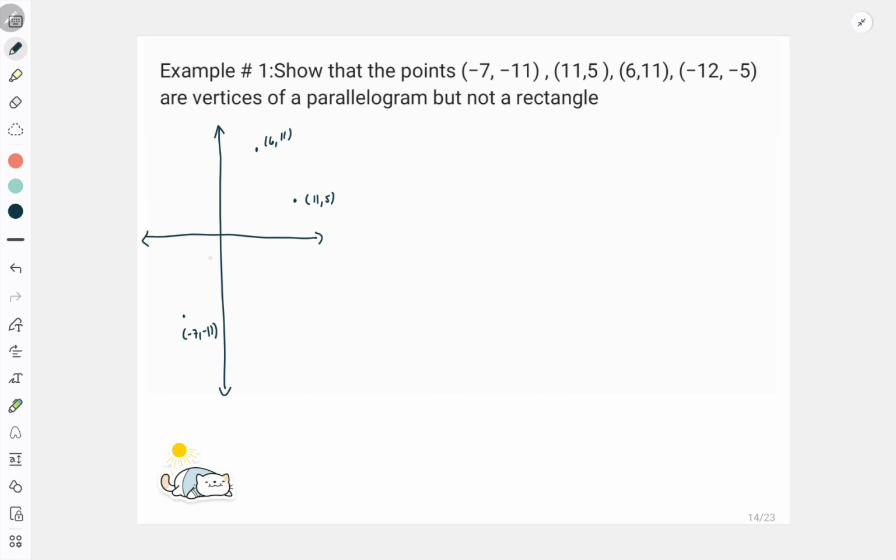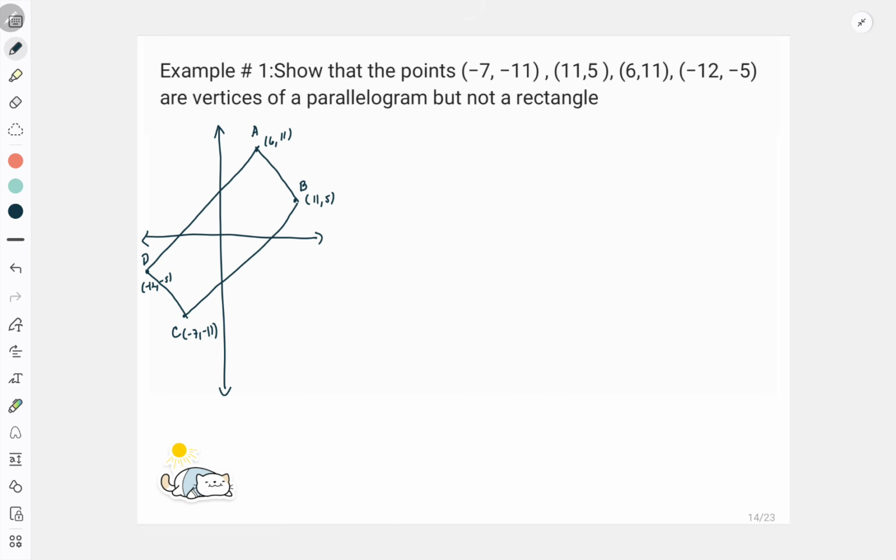And then the other one will be somewhere here, (-12, -5). So, this one. Okay, so we want to show that this particular figure is a parallelogram, but not a rectangle. So let's label each point: this is point A, point B, point C, and point D.